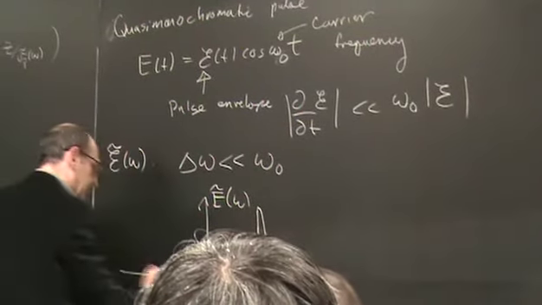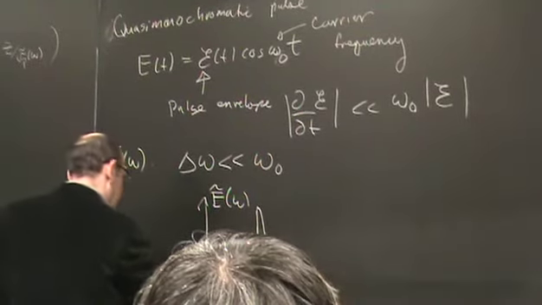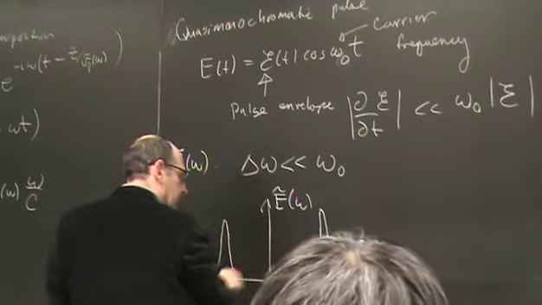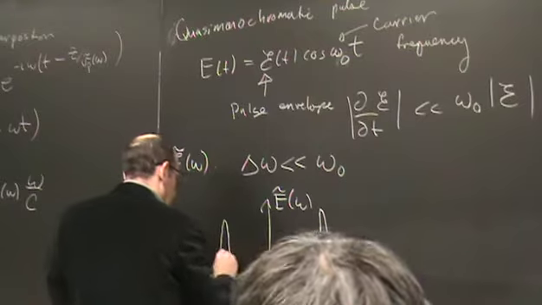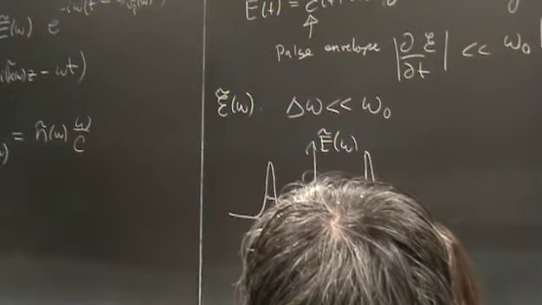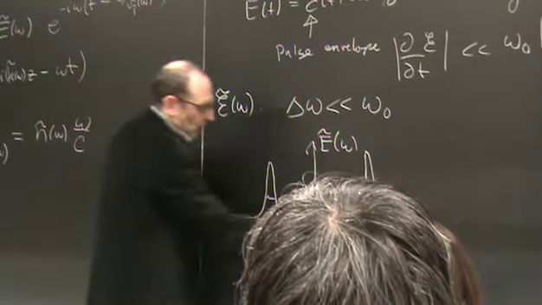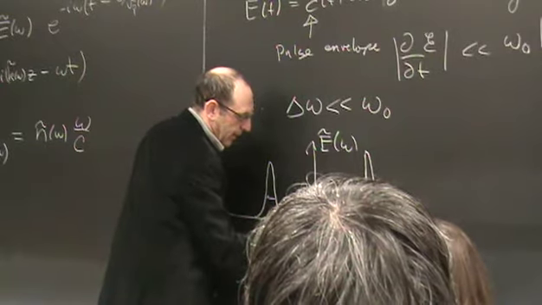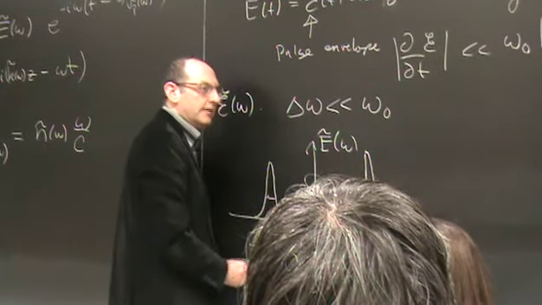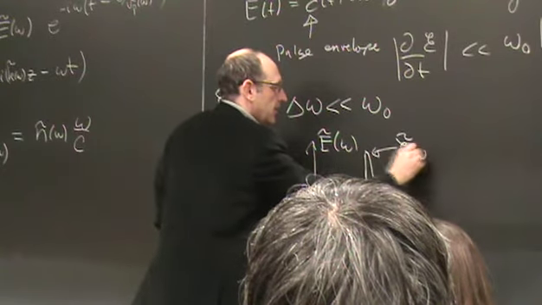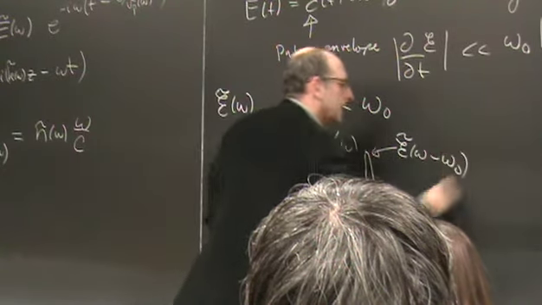That's the positive frequency component. Of course, there's an equal symmetric one, since I have a real function, at minus omega naught. Okay? And so in the quasi-monochromatic approximation, this tail has almost no support on the positive frequency axis. And so I only have to integrate over this centered at omega naught.